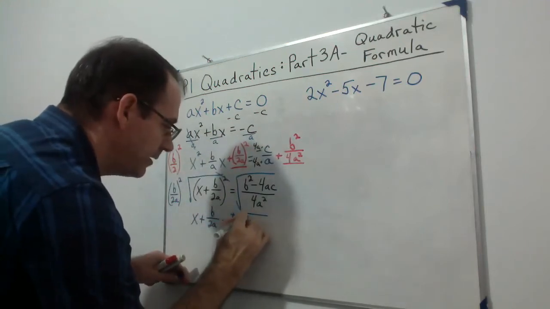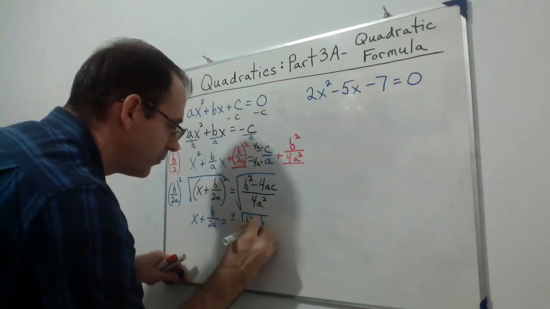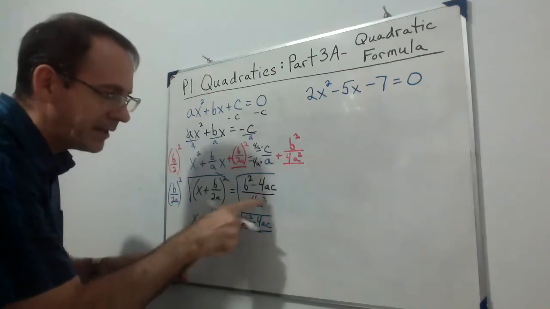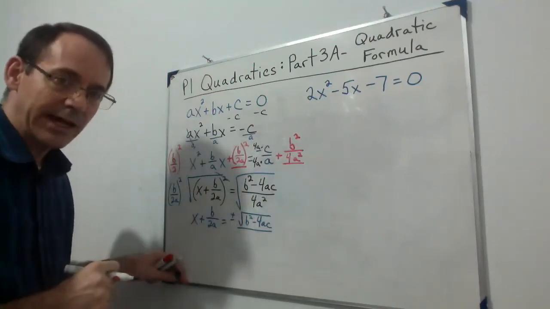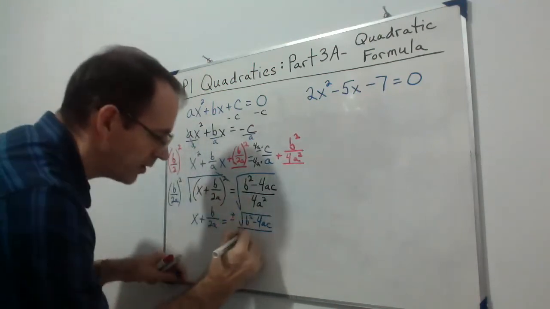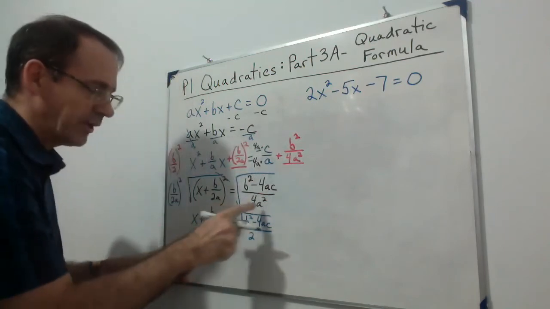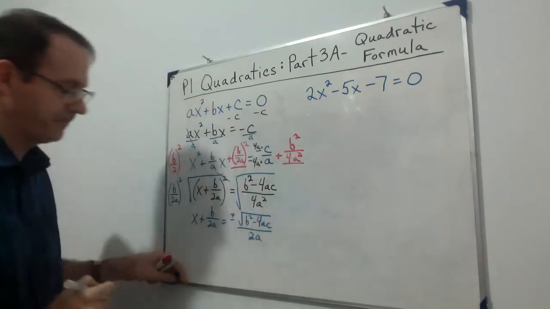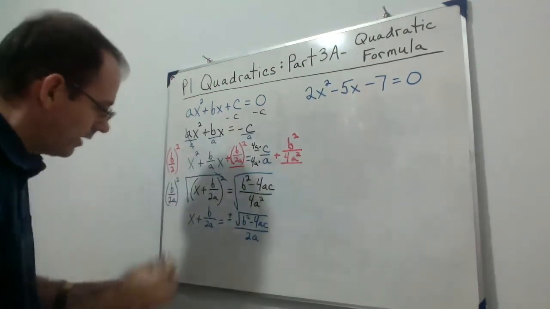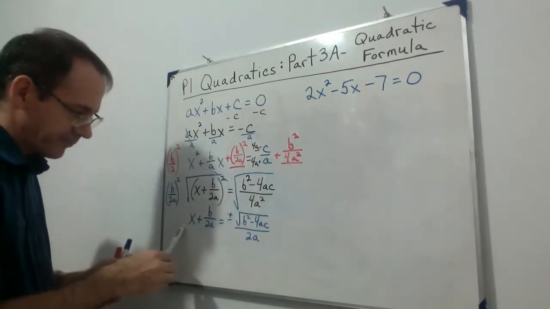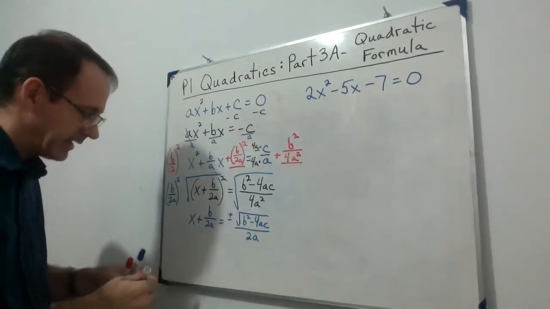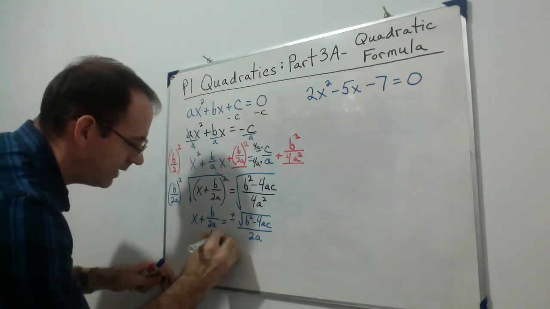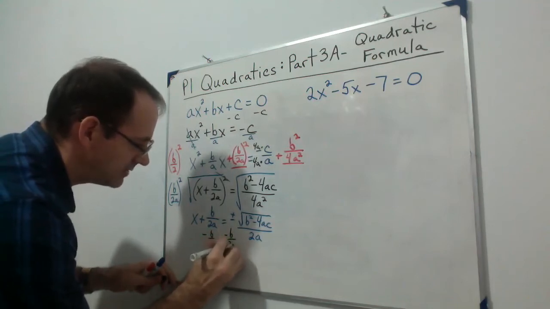And we get b squared minus 4ac all over. Now the bottom does come out in the radical. In other words, the square root of 4 is 2, and the square root of a squared cancels the squared, and you get a. Okay, now to get our x by itself, we just subtract the b over 2a from both sides.